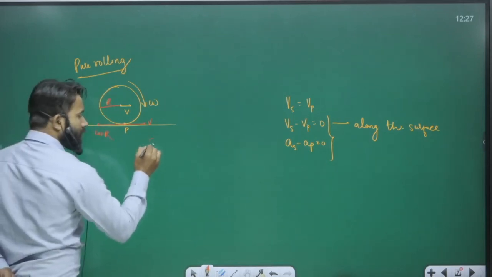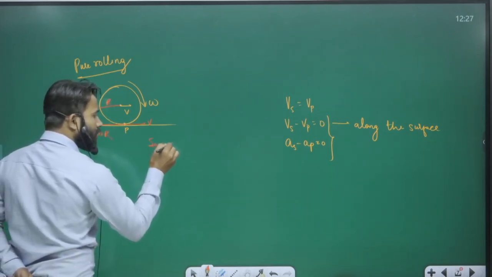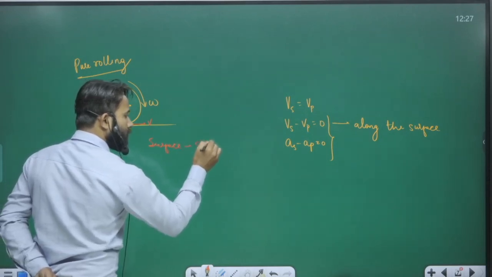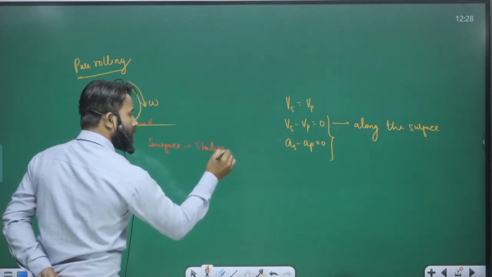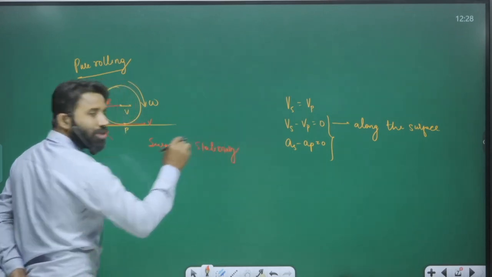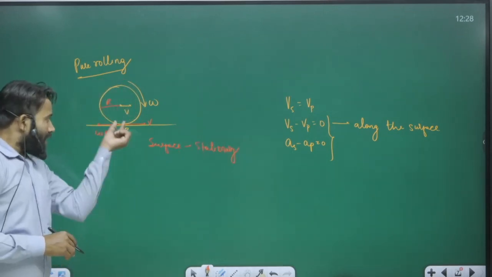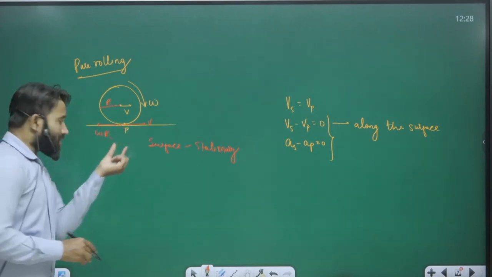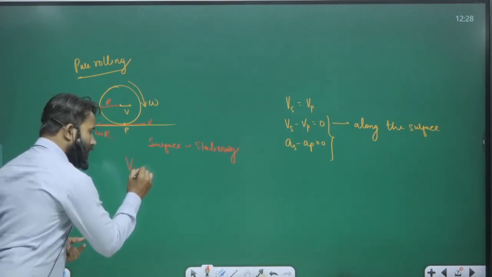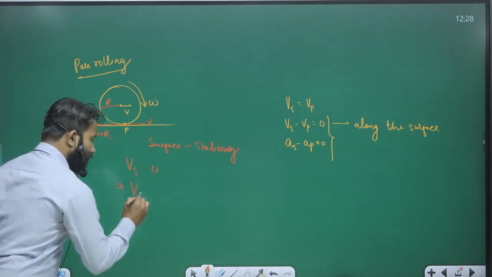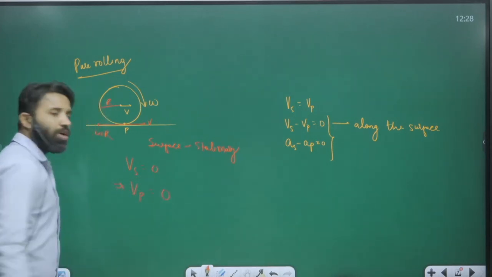As the surface is stationary, the velocity of surface is equal to 0. That implies that velocity of point P must be equal to 0.